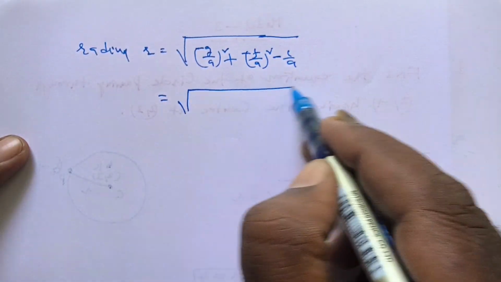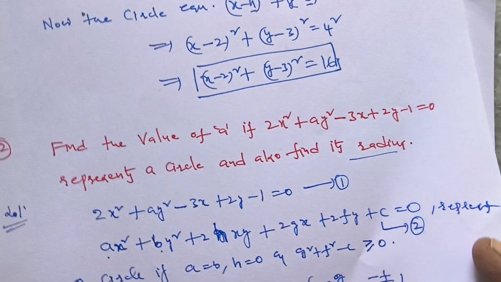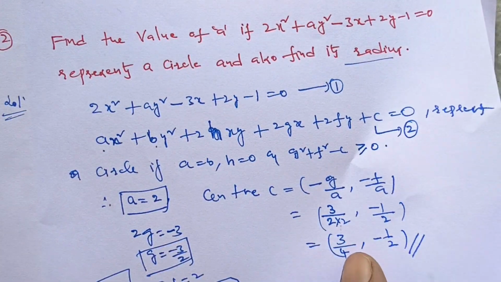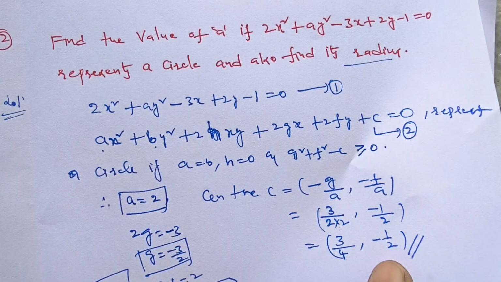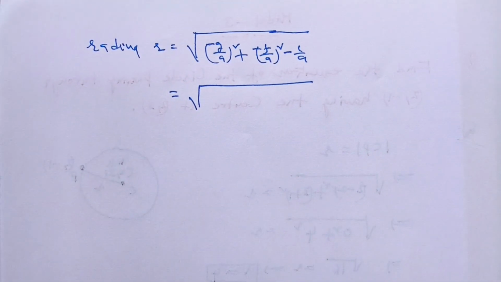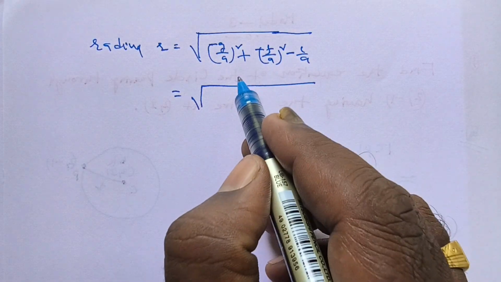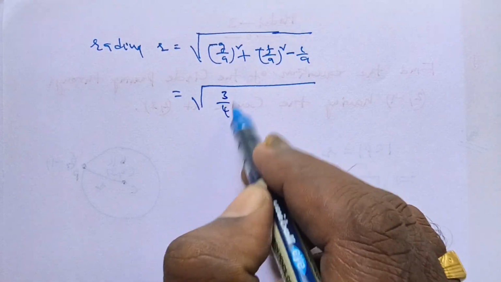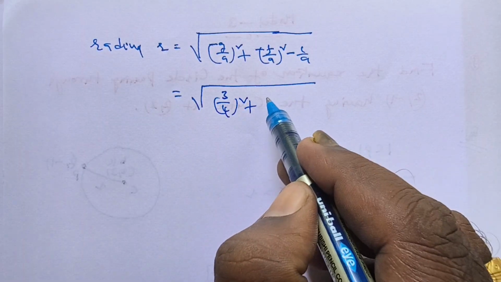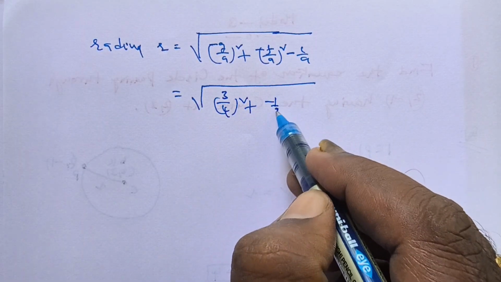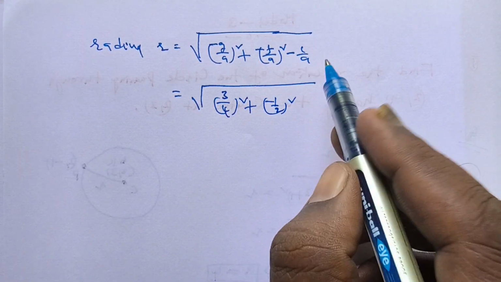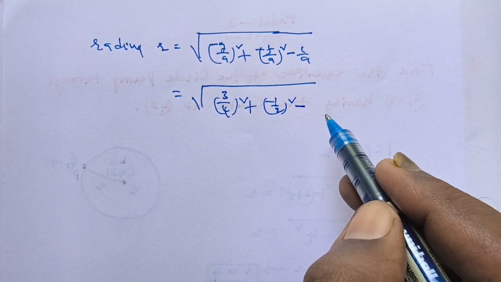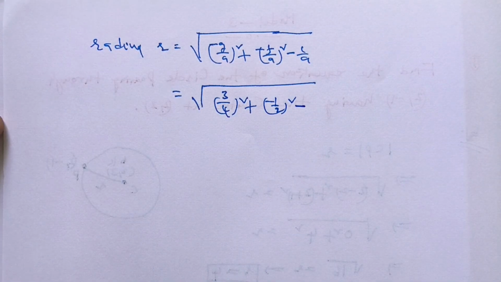So substitute the required values. Minus g by a, minus f by a is also here. So minus g by a value is 3 by 4, minus f by a value is minus 1 by 2. So 3 by 4 whole square plus minus 1 by 2 whole square minus c by a.